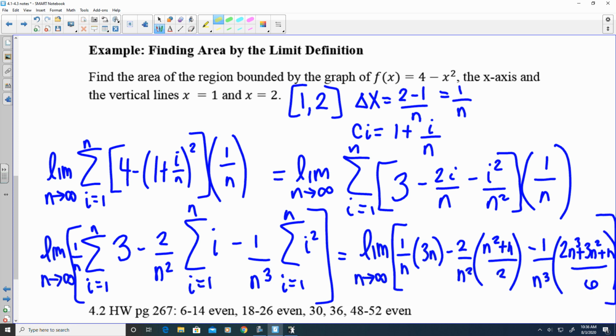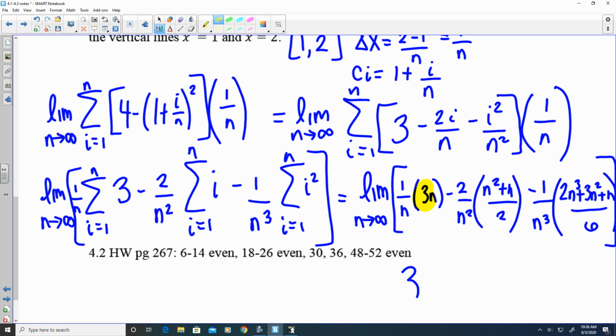So there's a lot of simplifying here that can be done. Or we can just look at, like I mentioned before, the biggest power. So here the n's are going to cancel, and this is just going to be 3 when I simplify. Second term, if I have n squared on top and n squared on bottom, then I have minus 2 over 2.